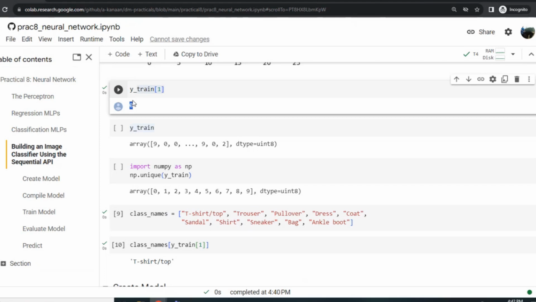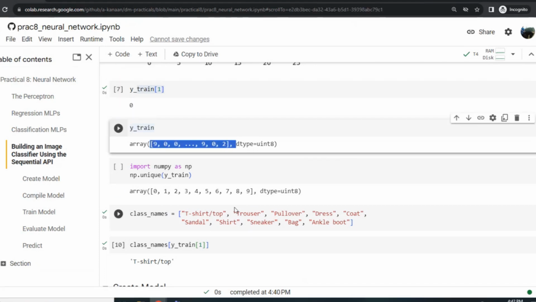Now we look at the second question. How many classes do we have? Like what your friend just said, we had 10. So his answer of 10 was the answer to the question, how many classes? How do we know? We check how many unique values we have inside the data set.